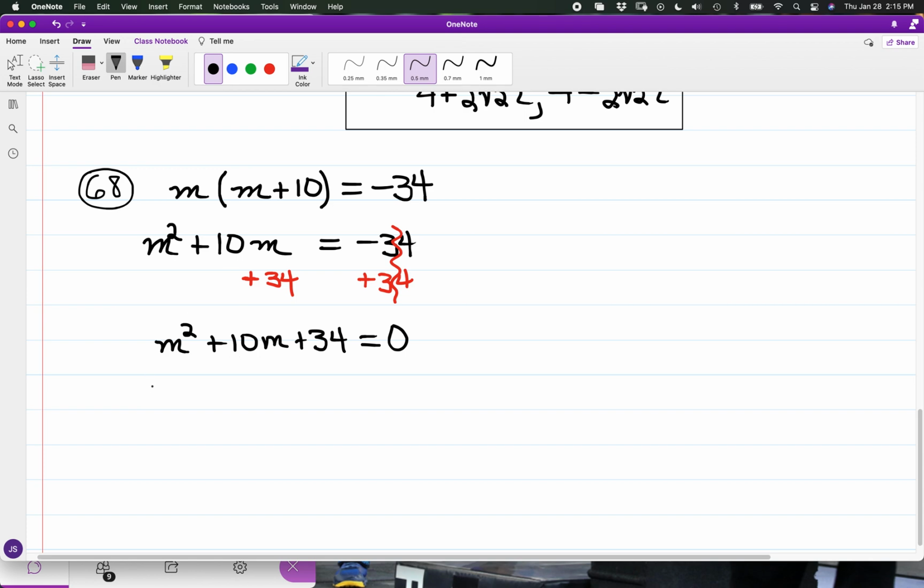And so once again, looking at the quadratic formula as a recourse, you can see I have 1m squared. So this leads to a is equal to 1, and then we have plus 10m. So this will signal that b is equal to 10, and then we have c is equal to 34.